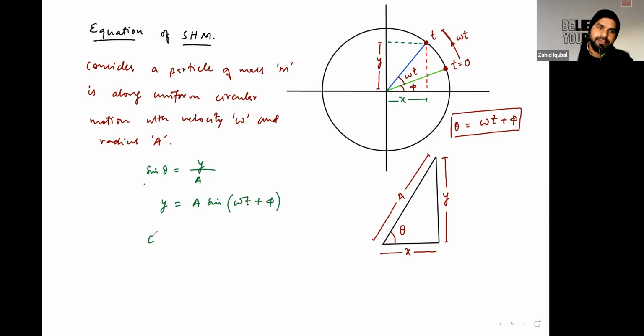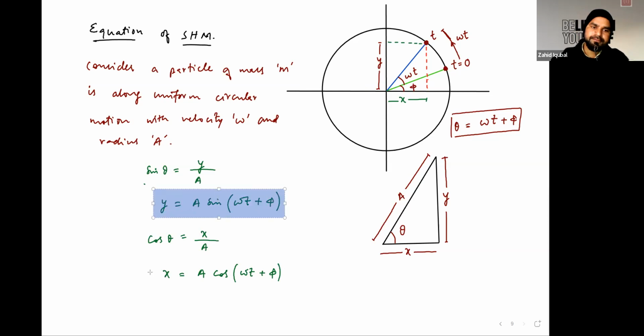Similarly, if we take cos theta, it will be base over hypotenuse. So x will be equal to a times cos theta, and theta we have as omega t plus phi. This one and this one define nothing but SHM.